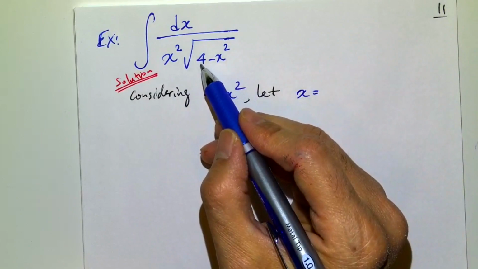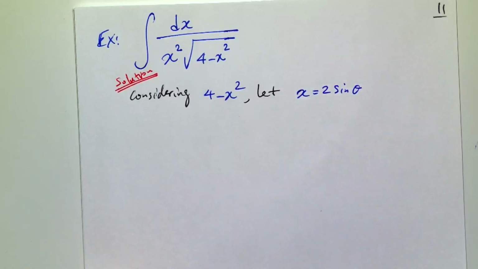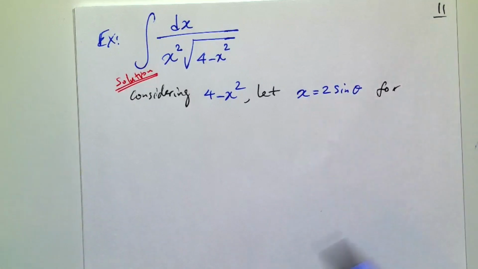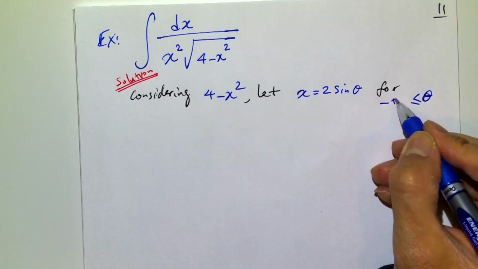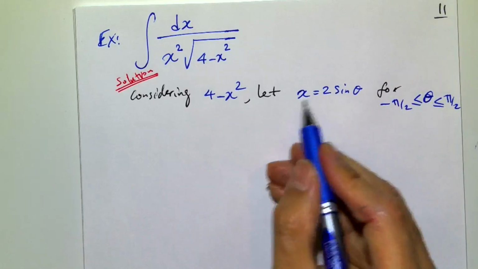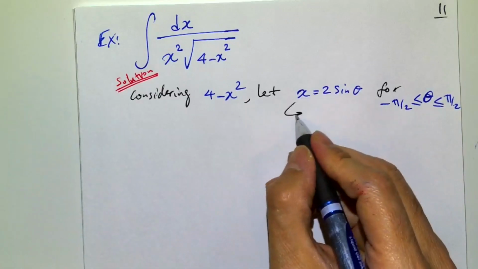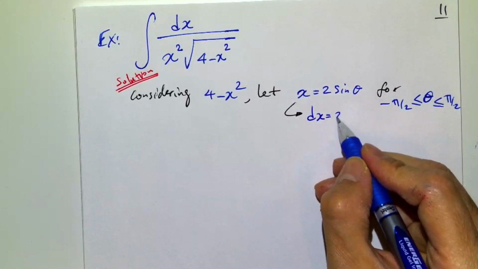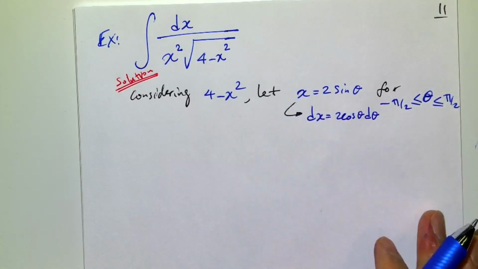So a would be 2, so x would be 2 sine theta as a substitute, for theta ranging between negative pi over 2 to pi over 2. If that's the x, then we can quickly say dx is 2 cosine theta d theta, right? That's the derivative of that expression on both sides.